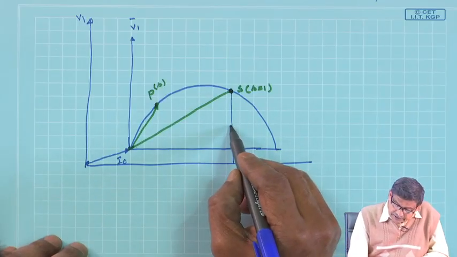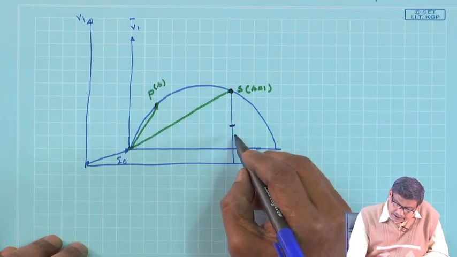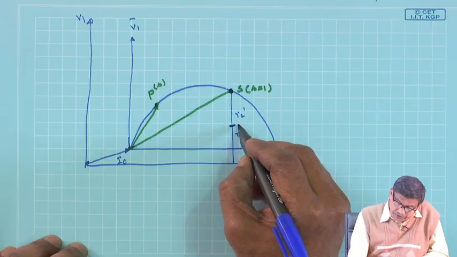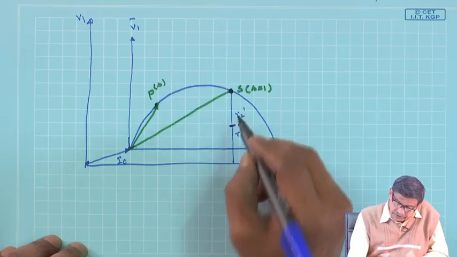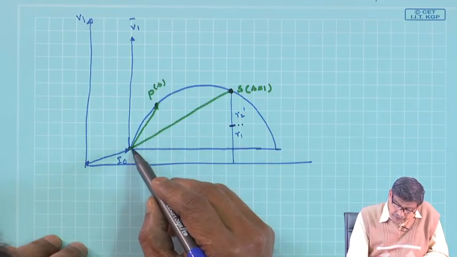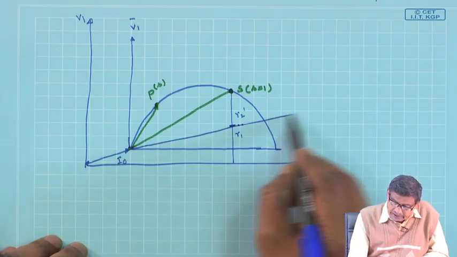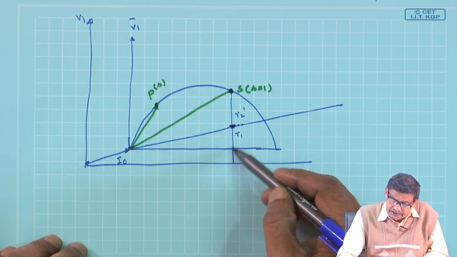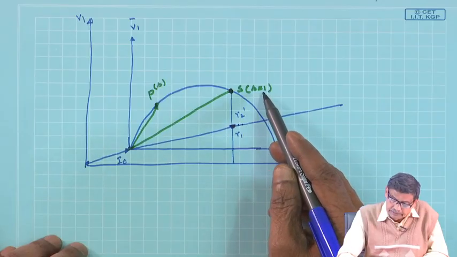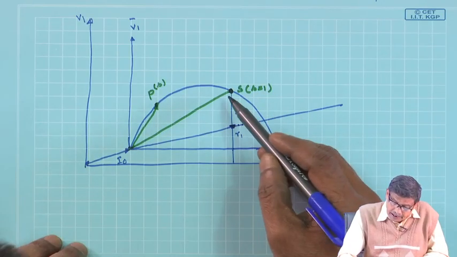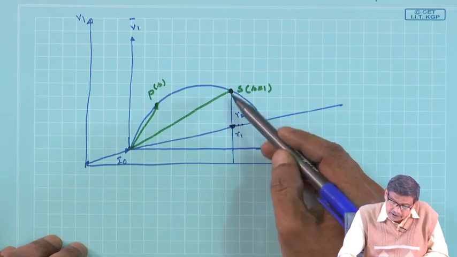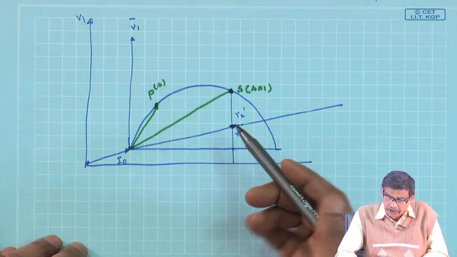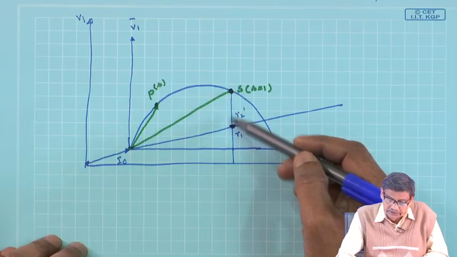If you divide this segment in the ratio of R1 is to R2 dashed, then if you draw a line passing through this point, this length will represent the stator copper loss at standstill condition, and the remaining power is the air gap power. At standstill condition, of course, that total air gap power will be lost as rotor copper loss.